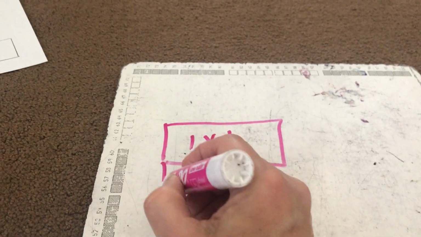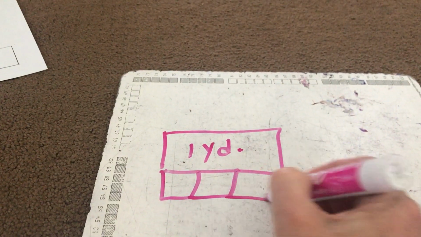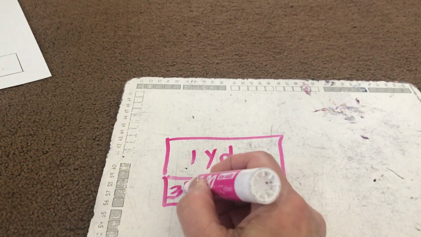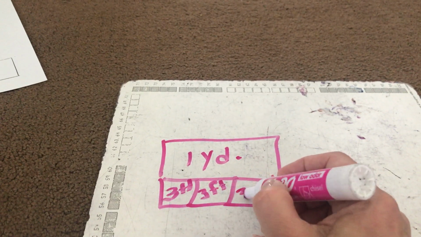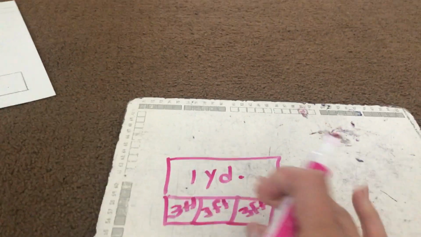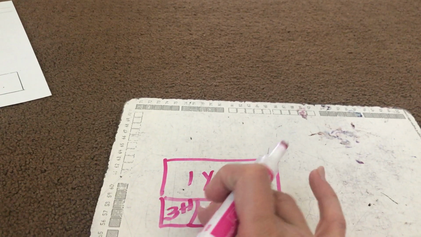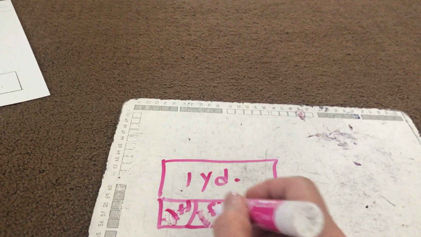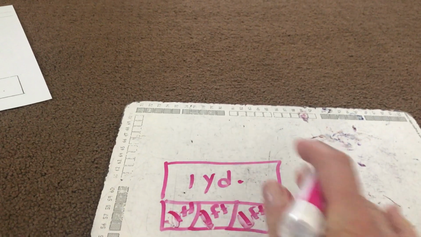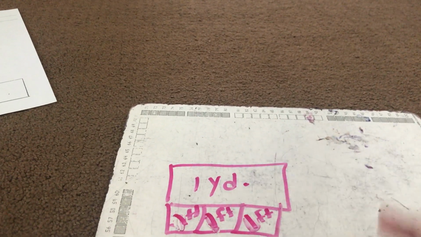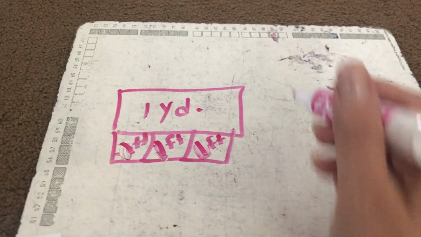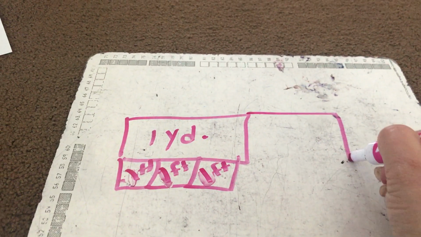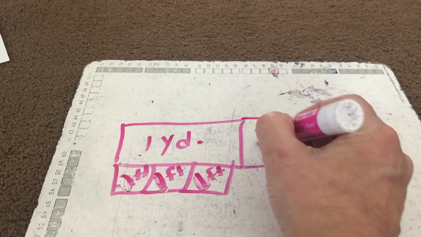And we said that there's 3 feet. 1 foot. 3 feet equals 1 yard. Okay, there's my picture. So that's 3 feet. Well, I needed 3 yards, so I need another yard.